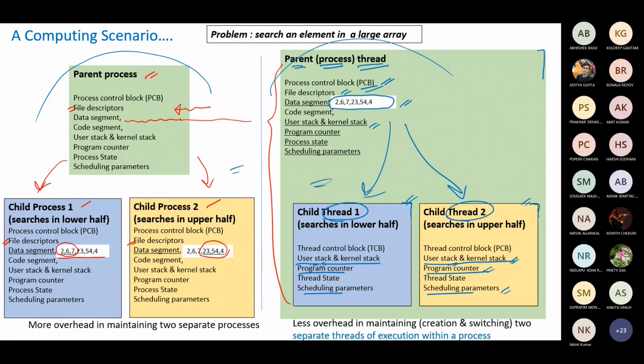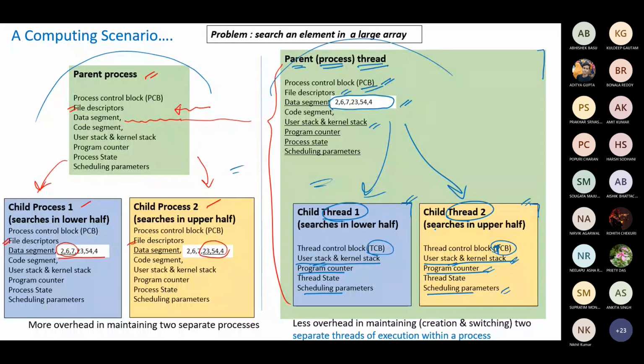And because they are executable units, they should have their scheduling parameters. And what else do you need? Like maintaining the information of a process, which is done using a PCB, to maintain the information of a thread you need a TCB, a thread control block. And as we have defined the state of a process, like running, suspended, ready and so on, each of these threads may also be in a different state of execution.